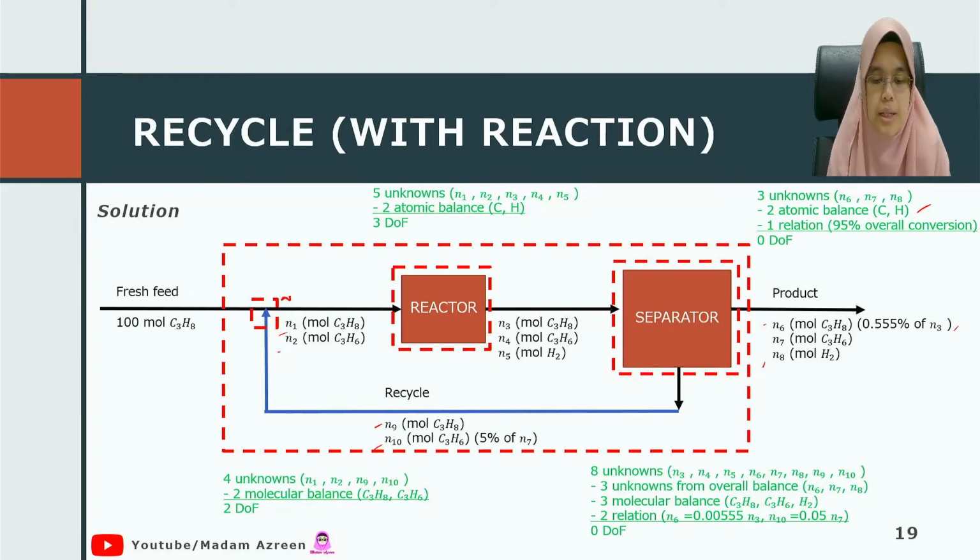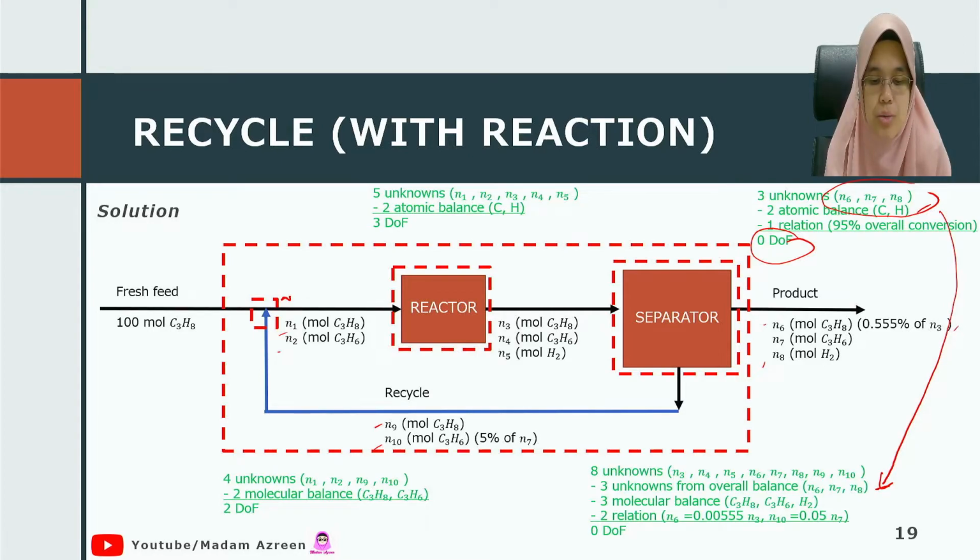Okay, and the 3 unknowns from the overall balance, which are N6, N7, and N8, you can determine from here, because here is 0 degrees of freedom. So you can determine this. When you can determine this, it will reduce the unknowns from here.